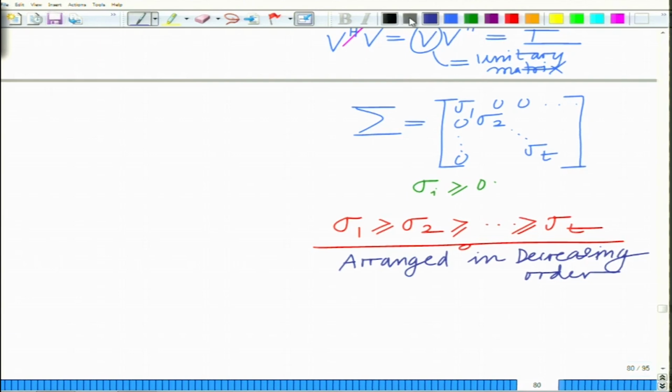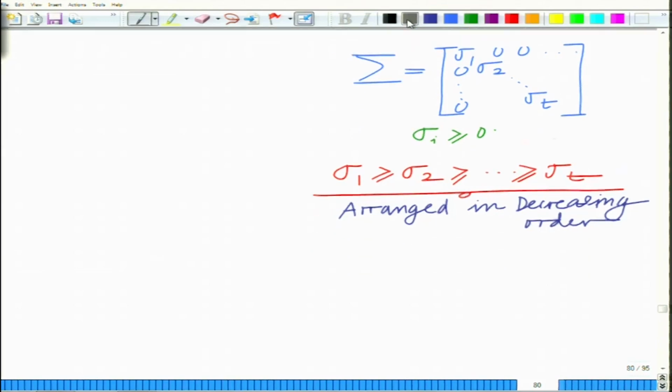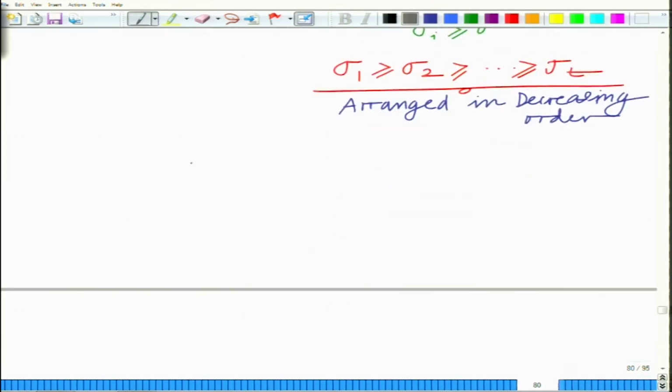Therefore, you can write the matrix H equals U, which is R cross T, meaning it contains T columns, each of size R: U1 bar, U2 bar, up to UT bar, which are orthonormal columns.